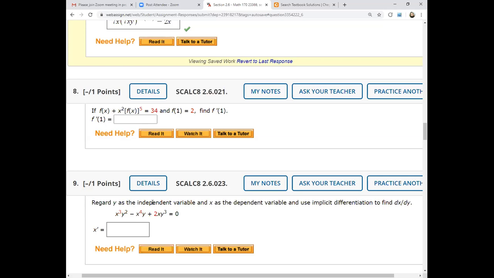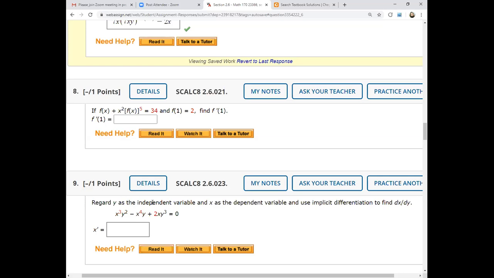F of 1 is 2, so 2 to the 4th times f prime of 1. See how all of that's going to become a coefficient later? Times 1, because 1 squared is 1. It's easier in this case, because it's too easy to mistake a prime for a 1 and a 1 for a prime.